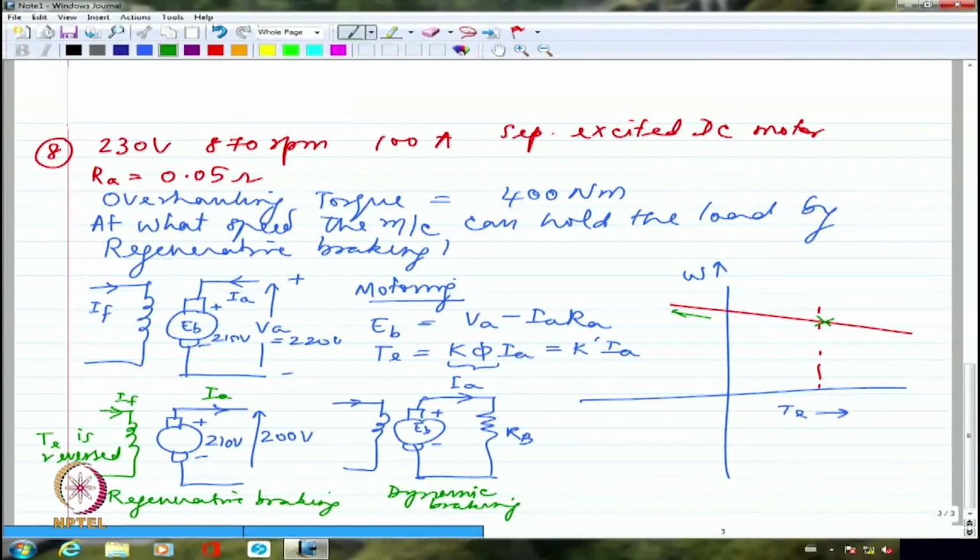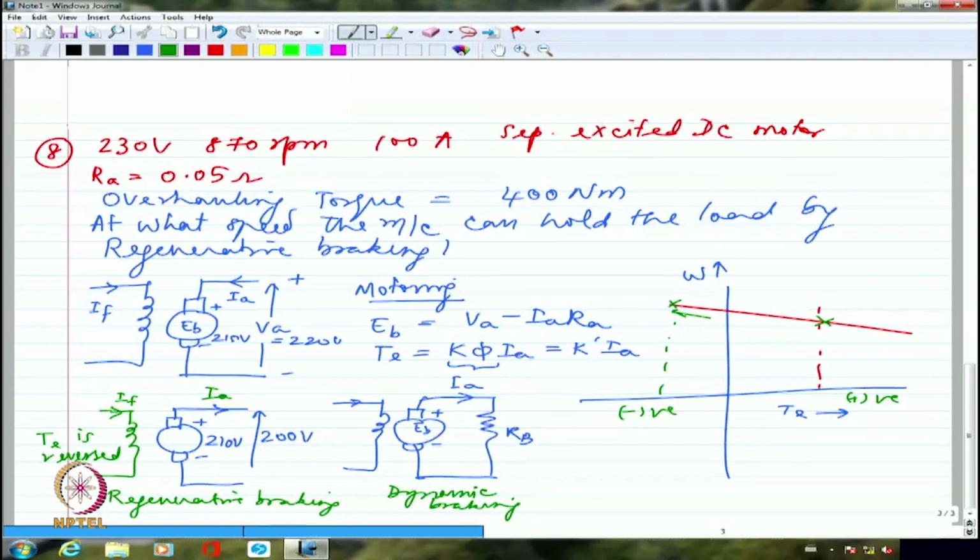But if it is going to go down at a high speed, I'm going to see right away that the torque automatically becomes negative. You see that this is the positive torque direction, this is the negative torque direction. So when I have a larger value of speed, even more than no load speed, that is when regenerative braking can take place.